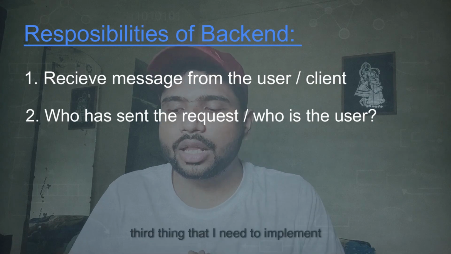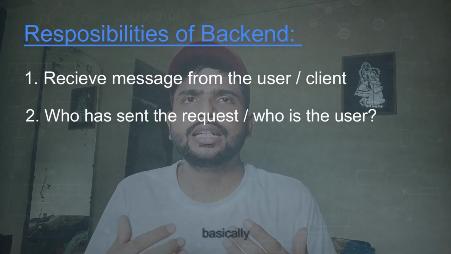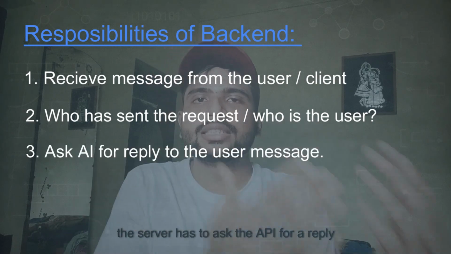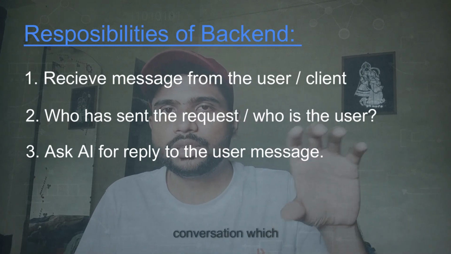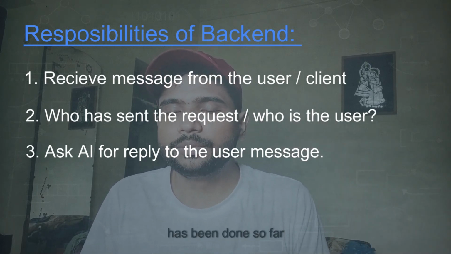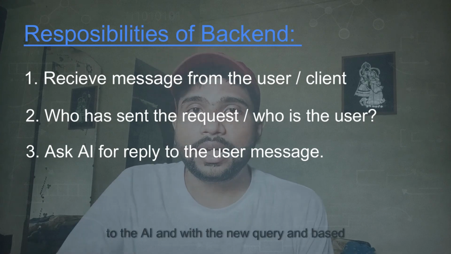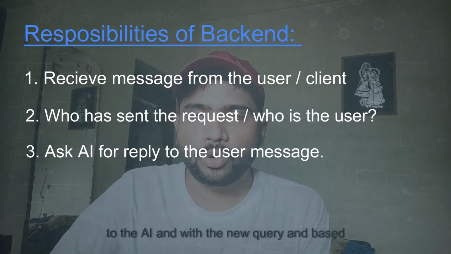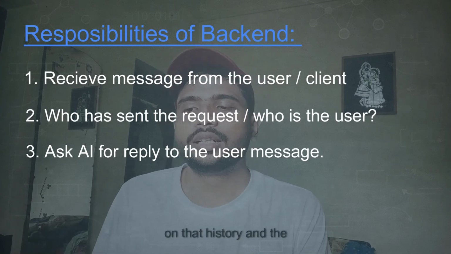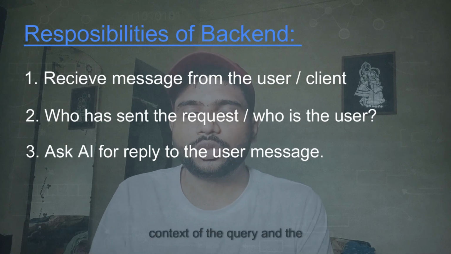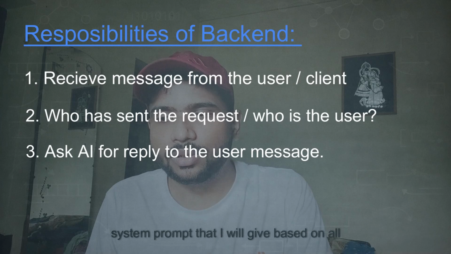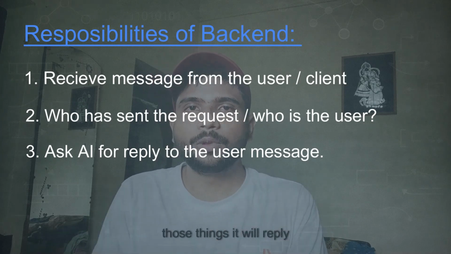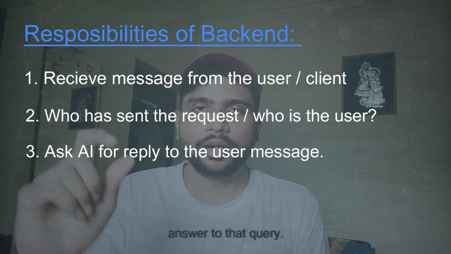The third thing I need to implement is that the server has to ask the API for a reply. For that we need to send the full conversation so far to the AI, along with the new query, and based on that history, the context of the query, and the system prompt that I will give, it will reply with an answer to that query.